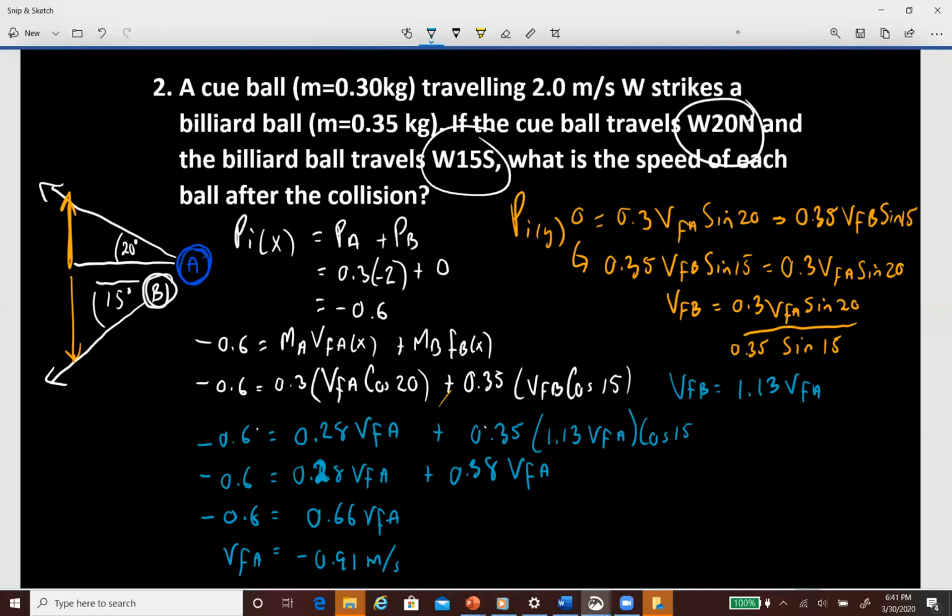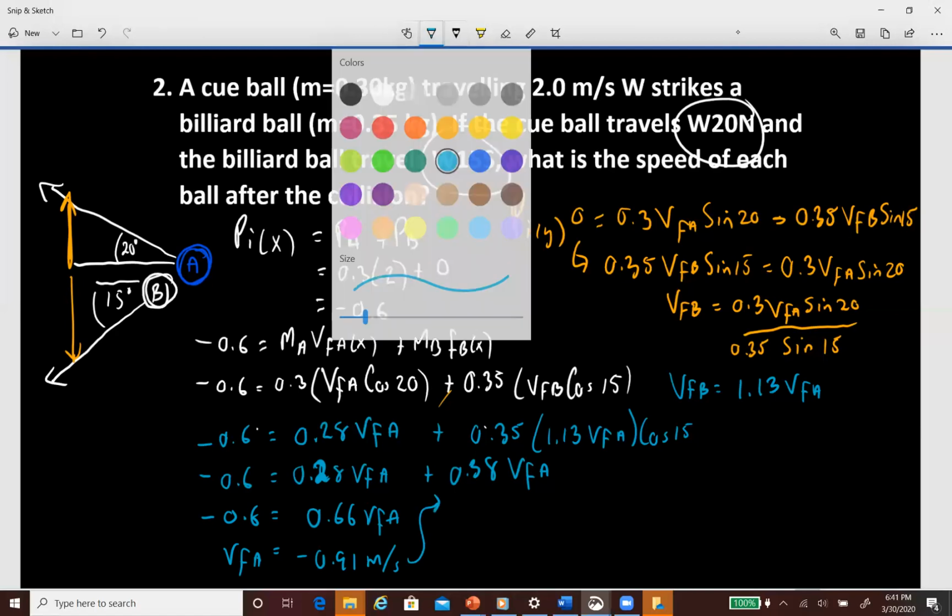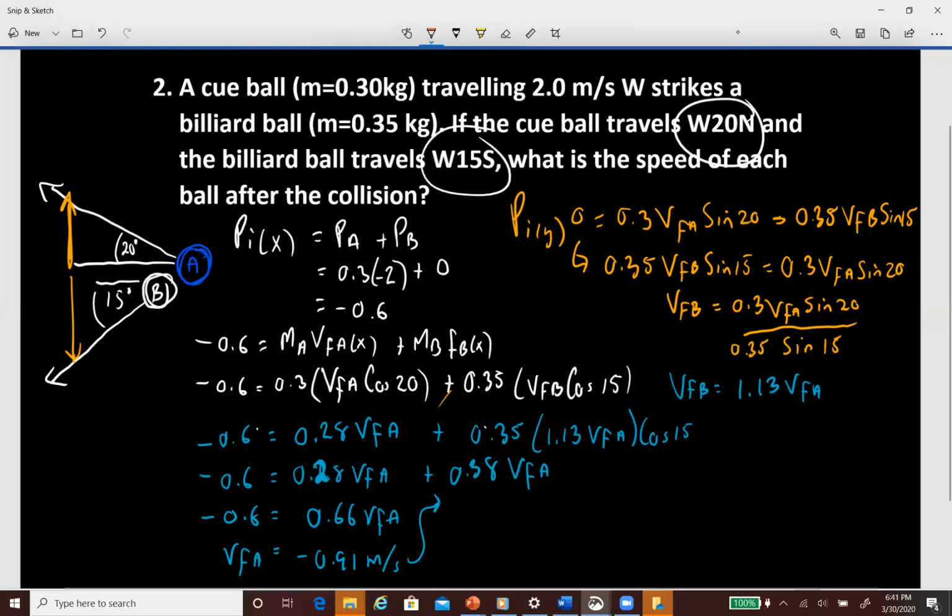Now we can plug that in and solve for VFB. VFB is 1.13 VFA, where VFA is negative 0.91. VFB then is negative 1.03 meters per second.